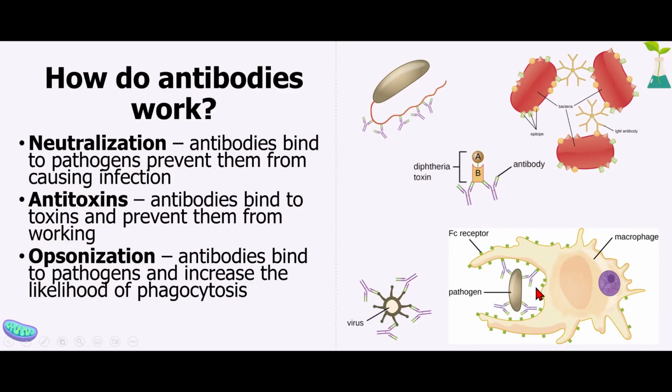So in opsonization, when an antibody binds to a bacteria or virus, it increases the likelihood, or optimizes the likelihood, of phagocytosis. And again, the reason why is because this pathogen is now covered in these antibodies. It makes it easier for the macrophage or other white blood cells to actually grab it and get rid of it through phagocytosis.